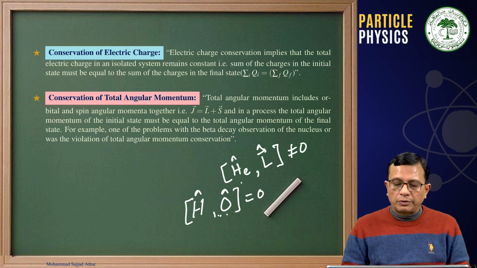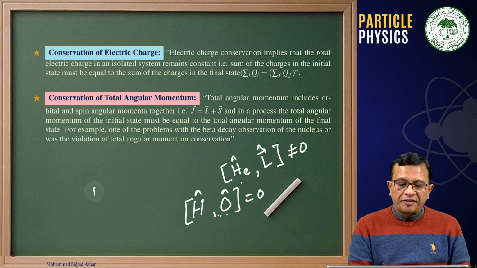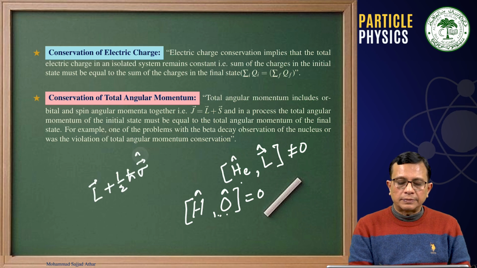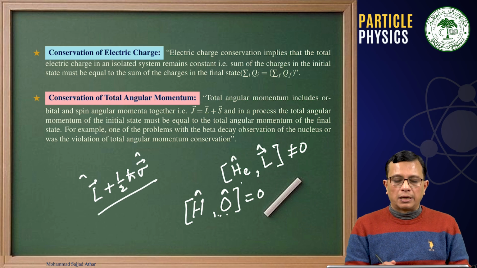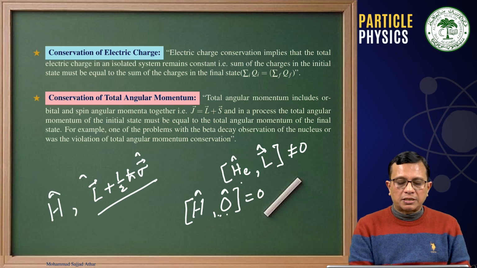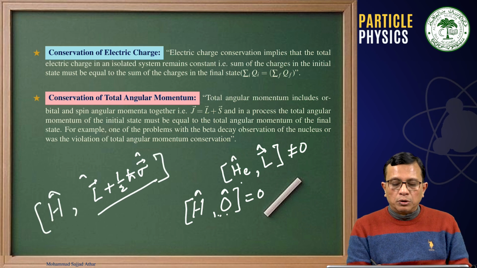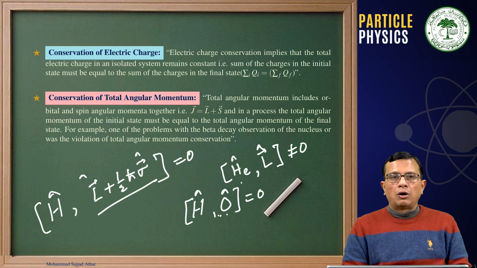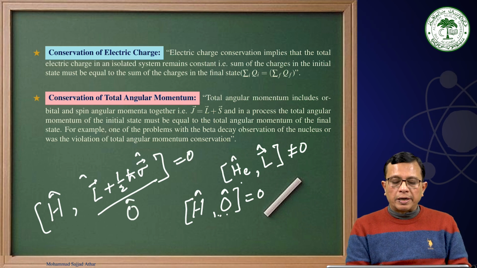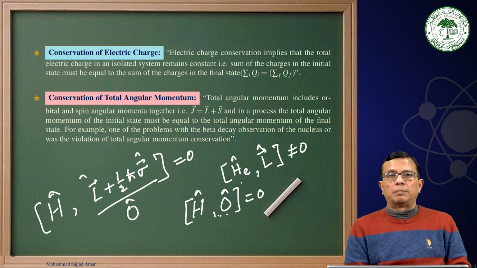And therefore, what was found is that if we add a term like this, then the Hamiltonian of the system commutes with this full operator, which consists of the orbital angular momentum operator and the spin angular momentum operator.